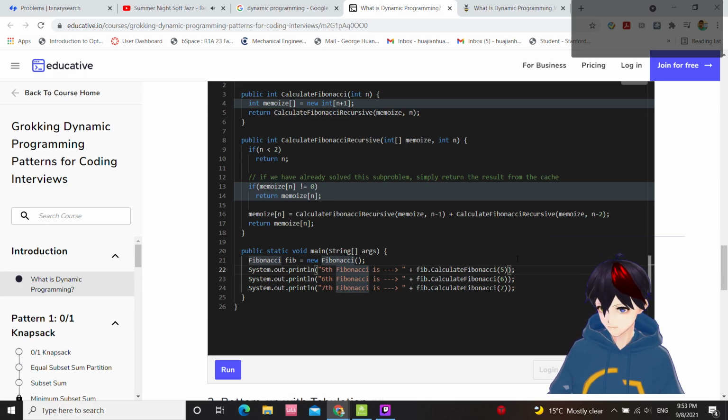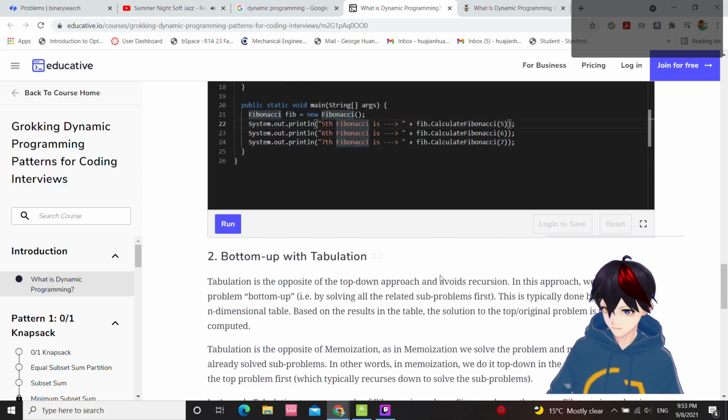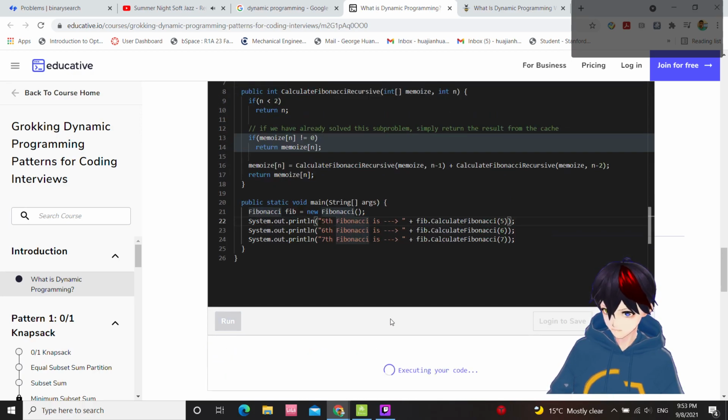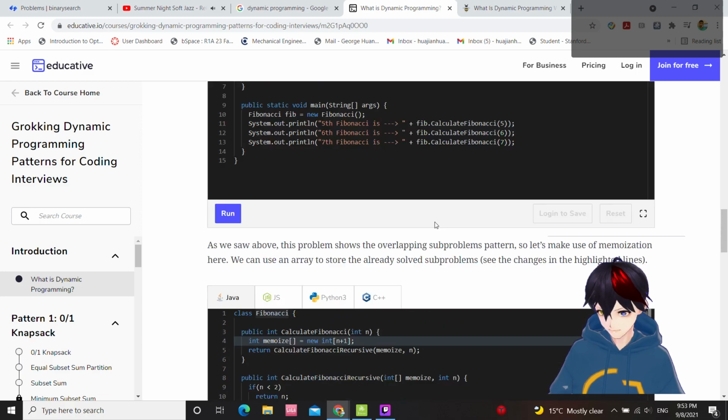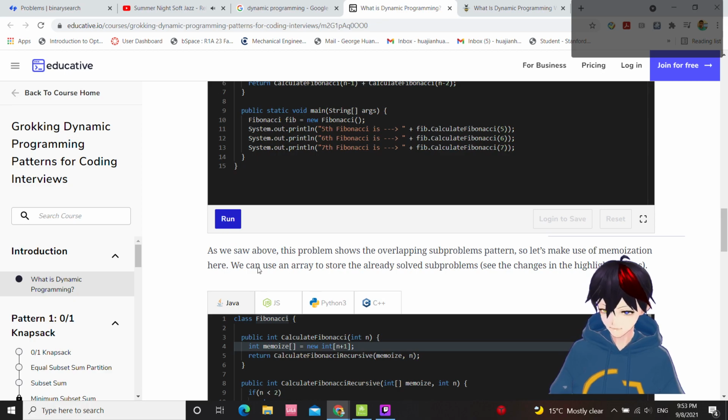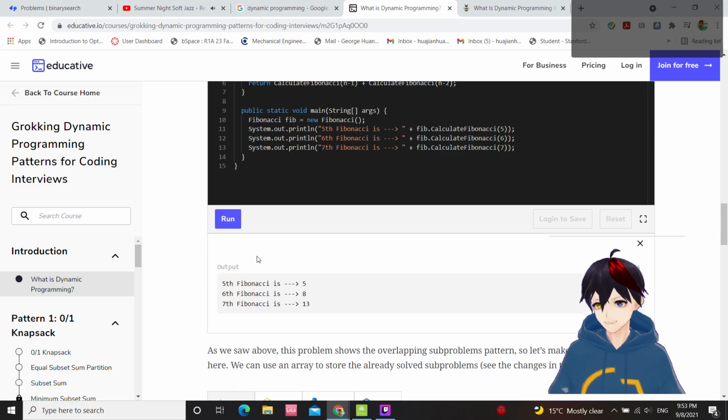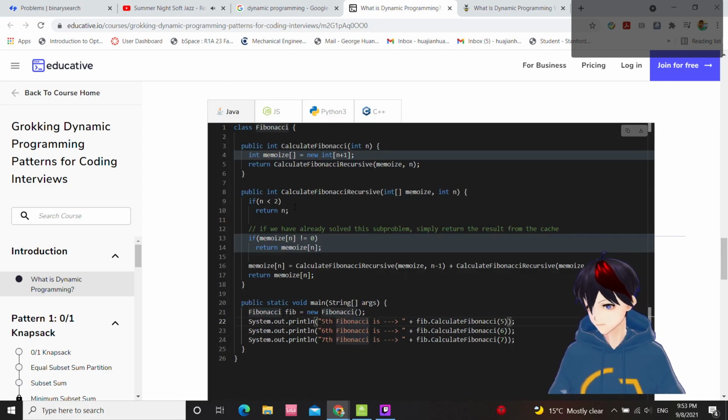Five, six, seven. I can run it. Notice the time. Or if it is, it's not noticeable with numbers this small.